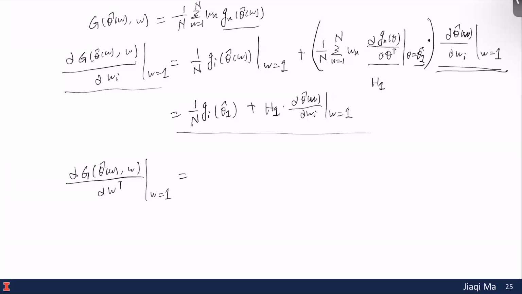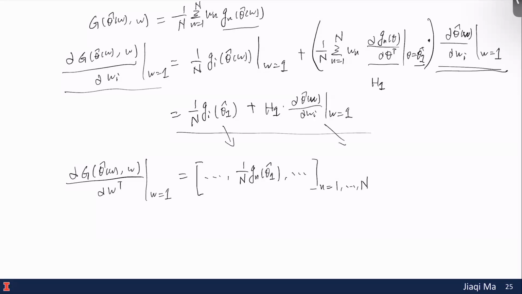So for the first term, it's going to be a matrix over n columns, and for each column, it's going to be 1 over n Gn theta 1, for n from 1 to capital N. Right, so this is the first term.